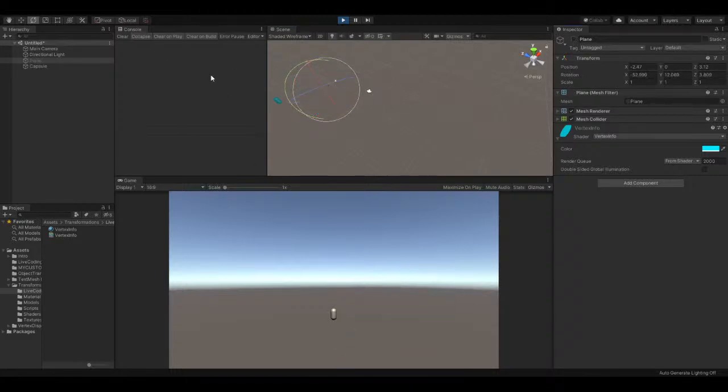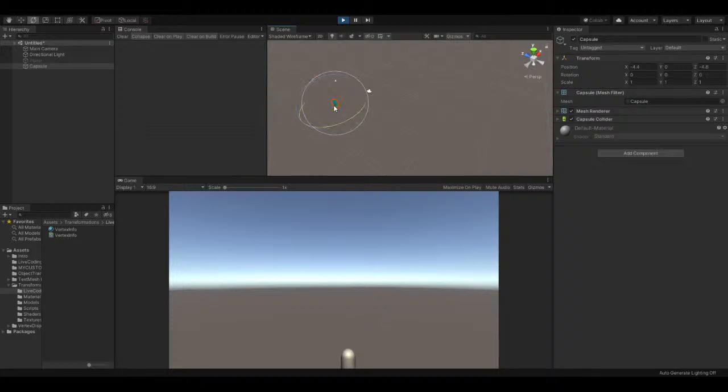So forget about the plane now. Let's look at the capsule. Now I hope you must have understood the differences, right? What happens when you change things in the world space, view space. How it is also important, the fragment shader.